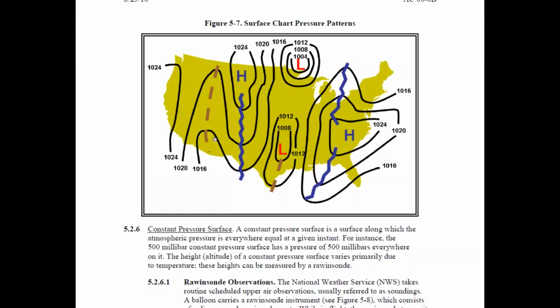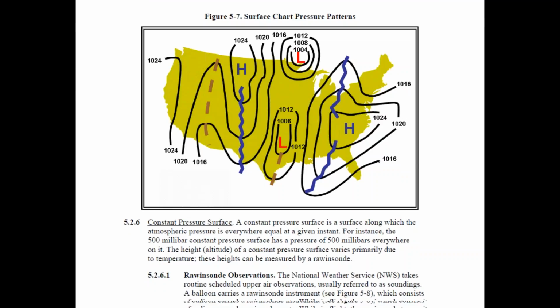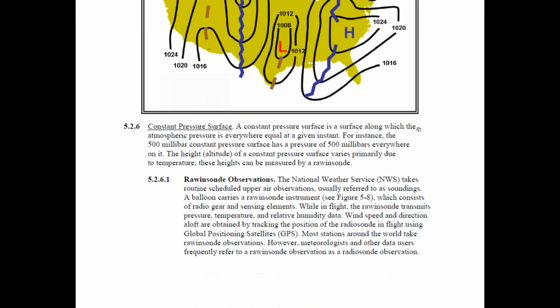So the 1016 level is going like this, and when you map these equal lines of pressure out, you can actually see how they're rotating, and you can see the definition of the highs and the low pressure systems. Like I say, we don't really get too in depth into any of that stuff, but just so you know what it is, I guess.